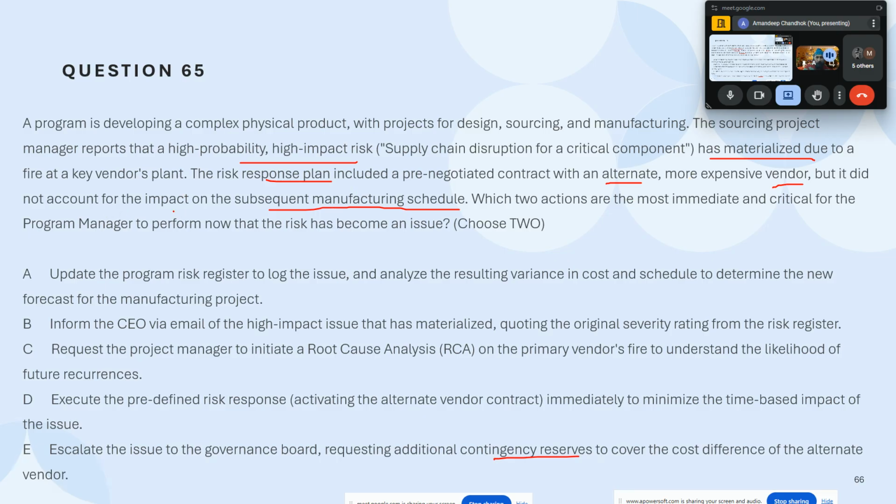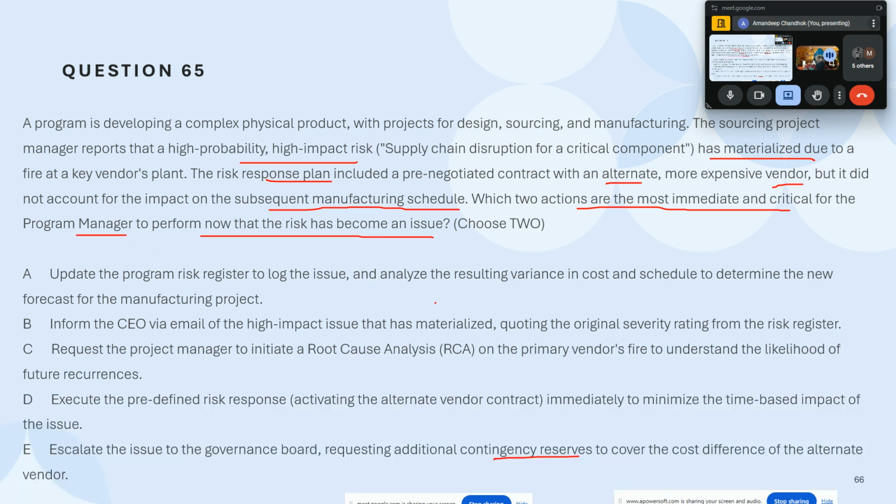That's what they're saying: they did not do that impact assessment on the schedule. They did it on the cost, they did not do it on the schedule. So now what he's saying is, while we are okay with the cost side of things because we have contingency reserves for it, what two actions are the most immediate and critical for the program manager to perform now that the risk has become an issue?